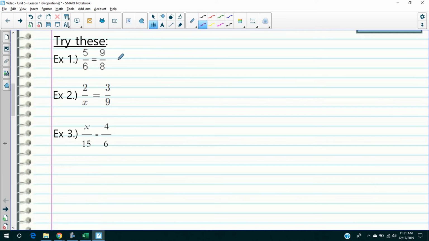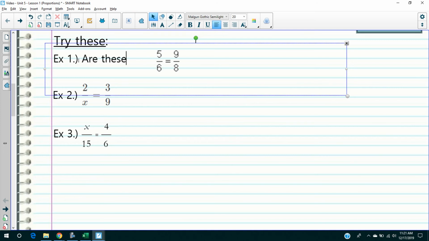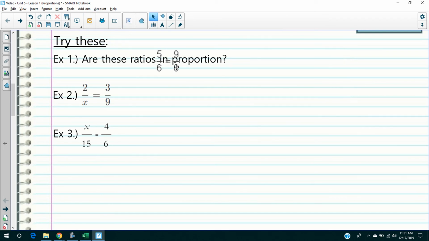Okay, and we're back. So now, I really should write this down. Are these two ratios in proportion? Let me write this down right now. These ratios in proportion. Okay, I should do a better job of that. Let's see. What did I say earlier?